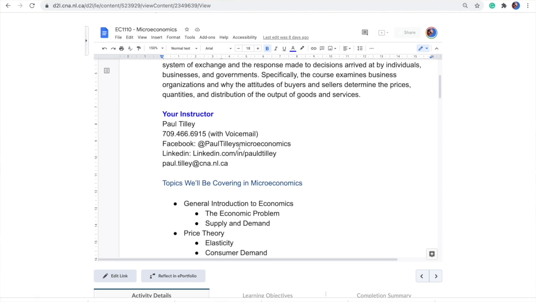The second thing I want you to notice here is my contact information. As a general rule, contacting me within the course is the best way to do it. So if you go up to communication and click email, you can email me within the course. Number two, I have a telephone number, 466-6917. If you call me, you'll get an answering machine, and I will call you back as soon as I possibly can.